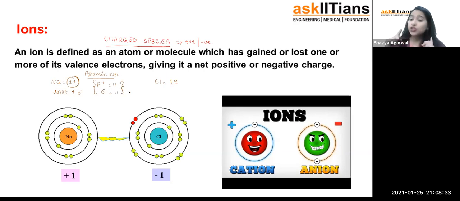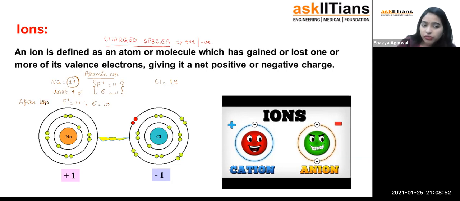Now, if sodium loses 1 electron, protons are still 11, but electrons will be 10 after the loss of 1 electron. Can I show it in this way? Since protons are positively charged species, I can write this 11 as plus.